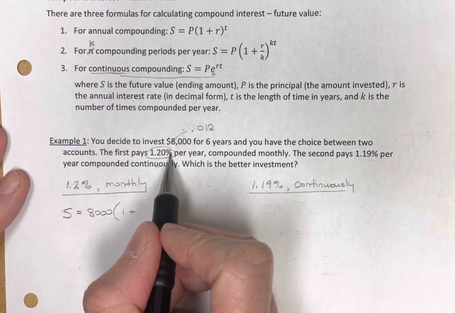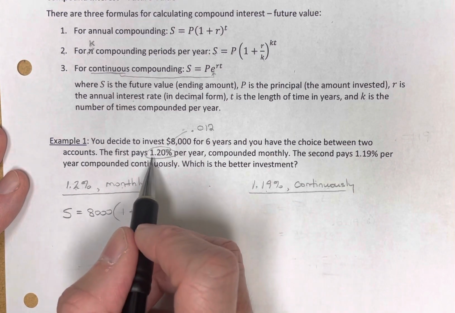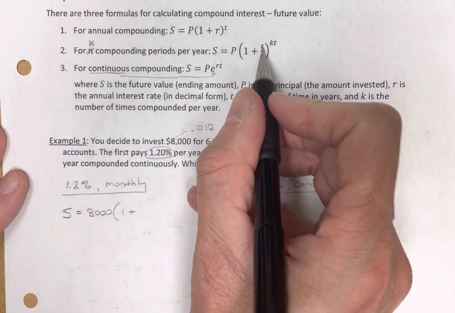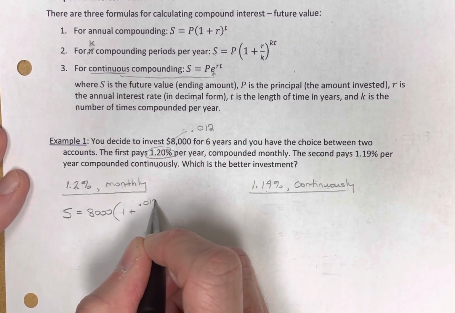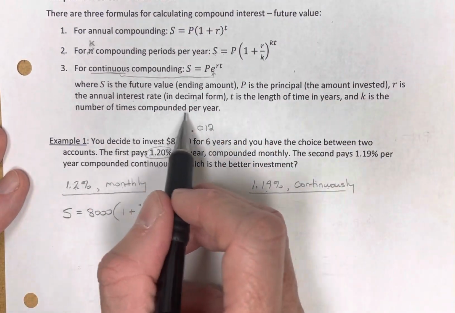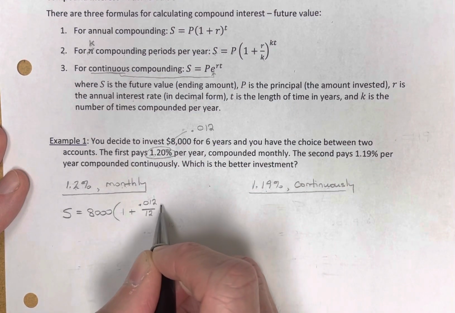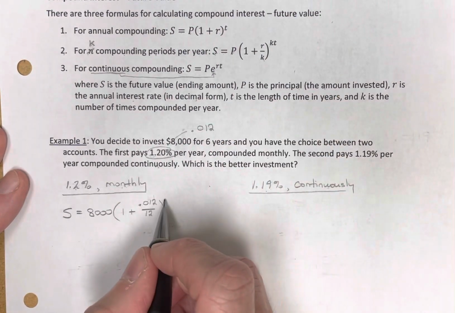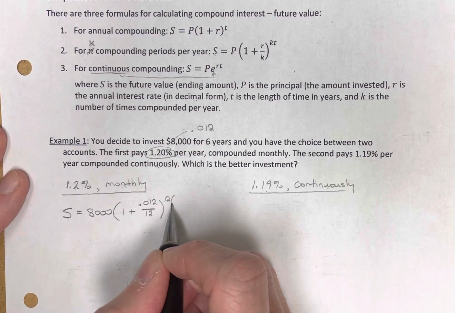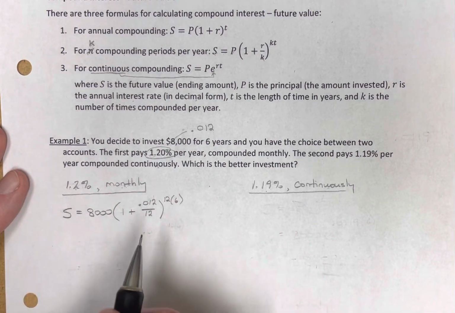Percent means out of 100, or divided by 100, and when you divide by 100, the decimal moves 2 places to the left. So we're going to put 0.012 in the numerator. K is the number of times we're compounding per year. Compounding monthly means we're compounding 12 times per year. Raised to the K, which is 12, times T, the number of years, well, we're doing 6 years. There we go. There's our formula with the variables filled in.